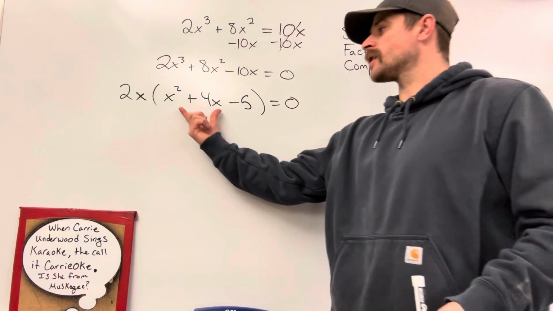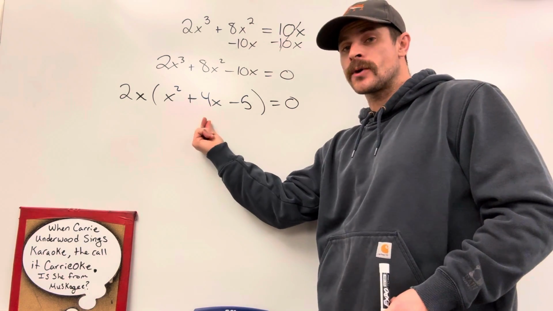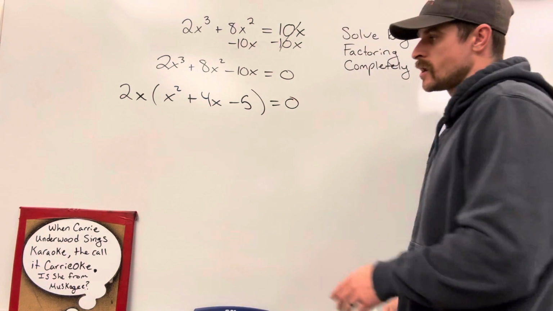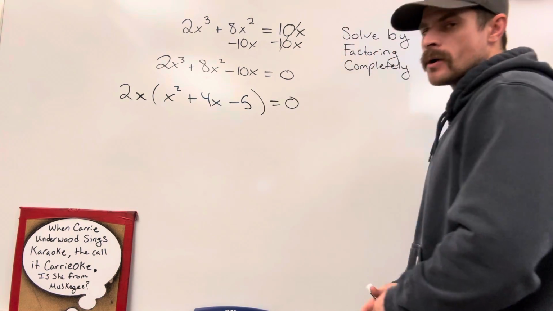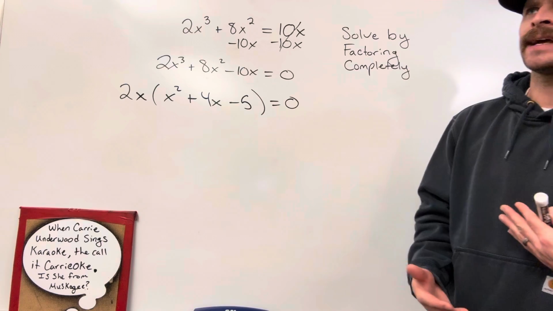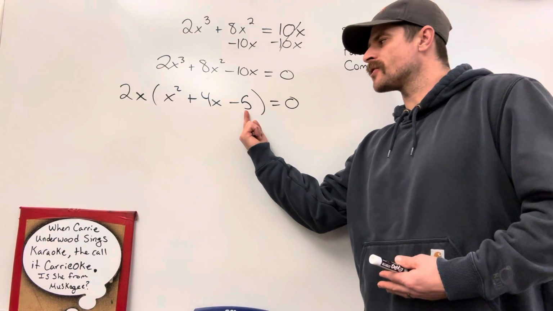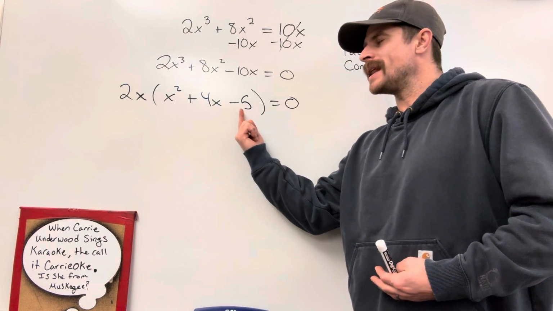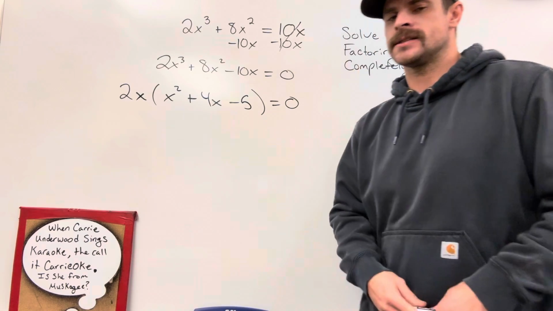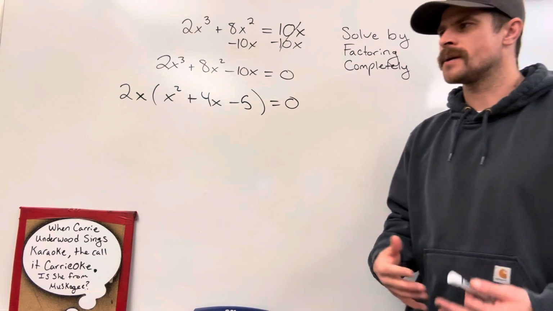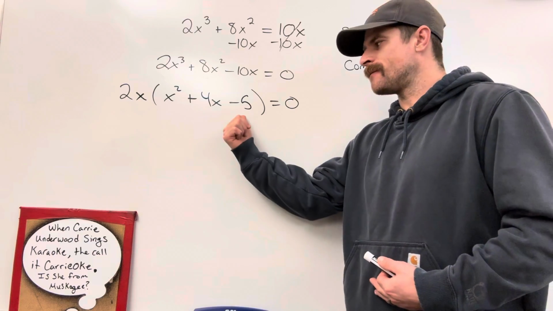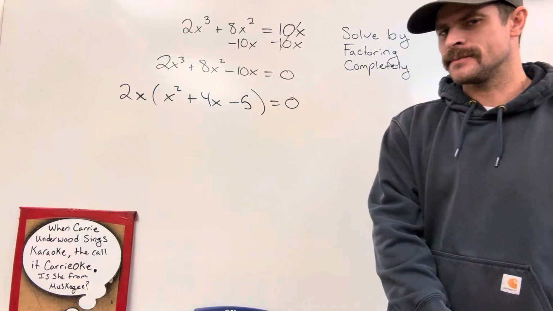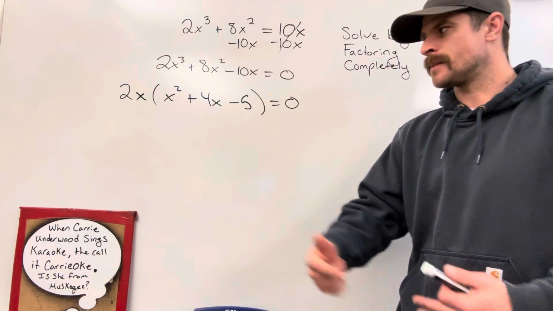It's time for us to focus on the inside of the parentheses, inside the grouping symbols. We've got x squared plus 4x minus 5. Remember, we want to think about whether there are 2 numbers that multiply together to make negative 5, but add together to make positive 4. What would those 2 numbers be?